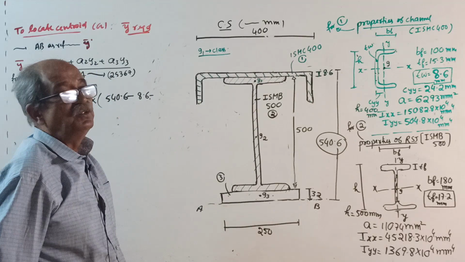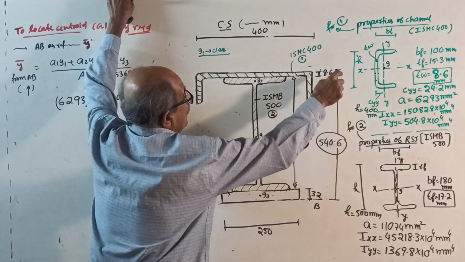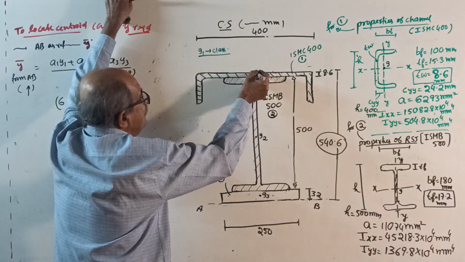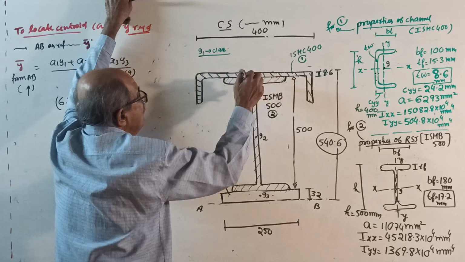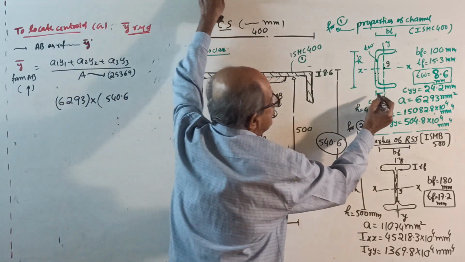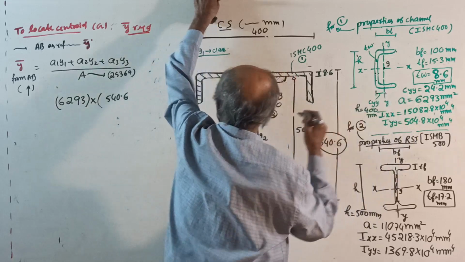Someone told me that way. No, don't do that way. Directly, right here, 540.6 minus from here to here. From here to here will be this distance, including everything. This distance is 24.2 millimeter.